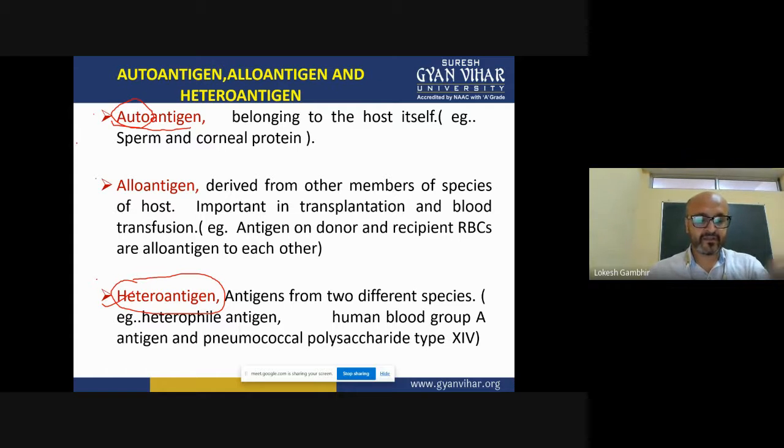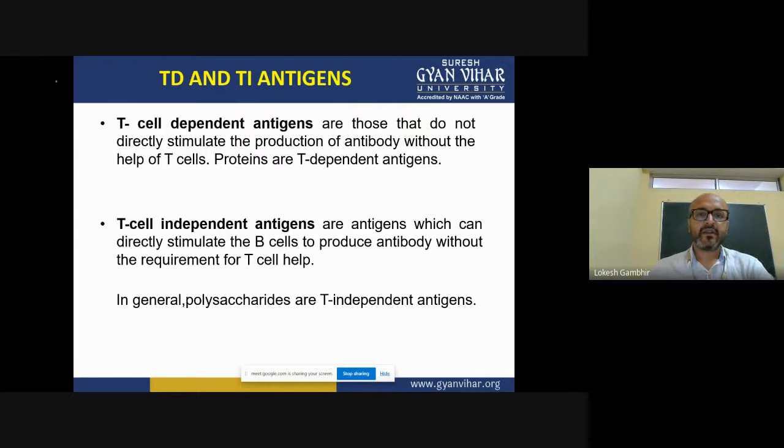So we have a very basic understanding of these particular antigens. Then there is another category that people have defined, TD and TI antigens. See, everyone defines based on their convenience. TD is nothing technical. It's just T cell dependent antigen and T cell independent antigen. Now, what is a T cell dependent antigen?